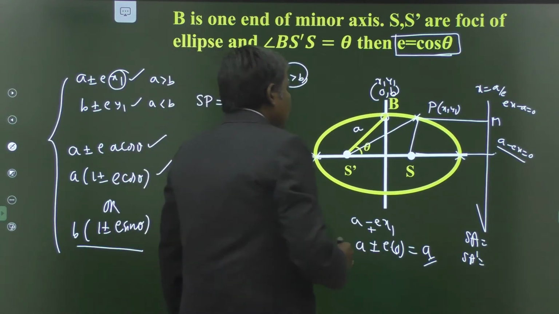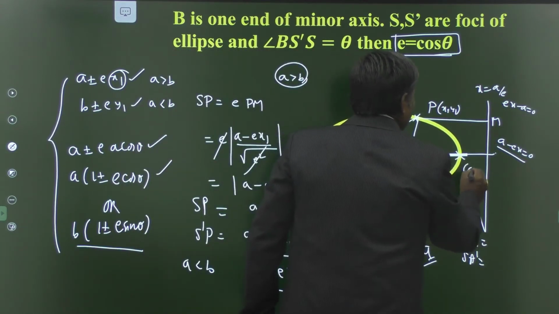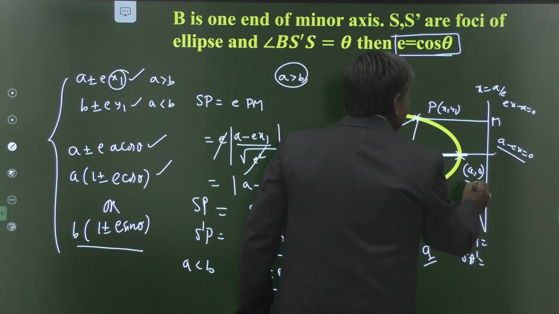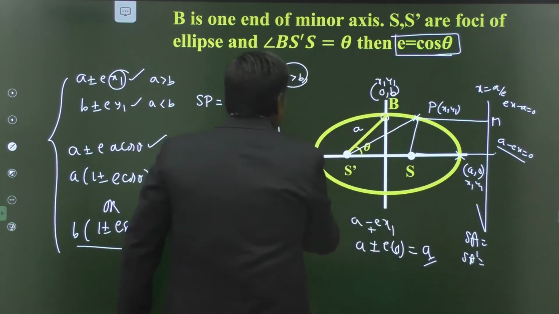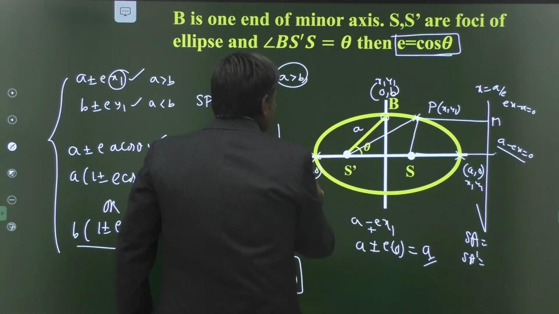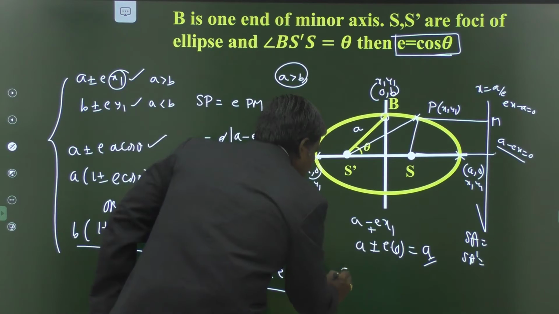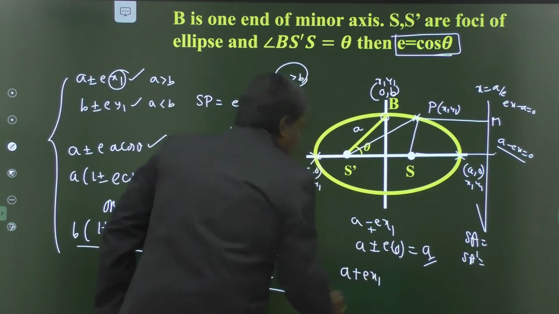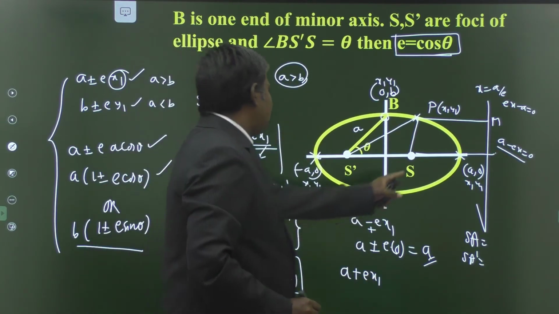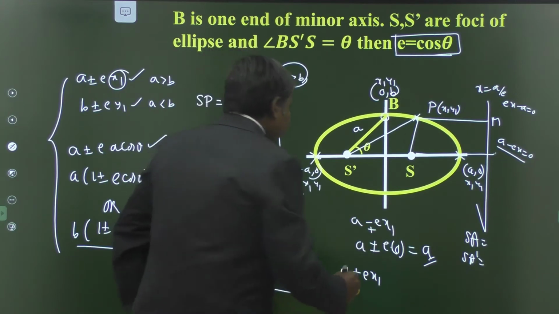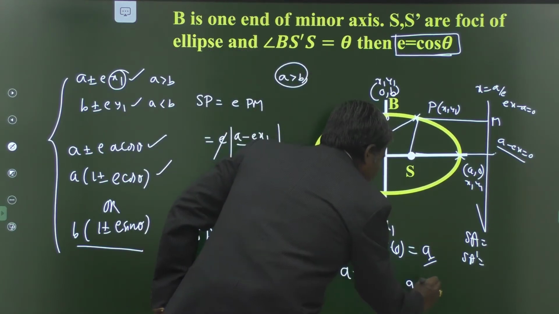What are the coordinates of this point? a comma 0. This is x1, this is y1. Here minus a comma 0. So this is x1, this is y1 at that time. What is the focal distance formula? a plus ex1. For x1 equal to minus a, what do we have? a minus ex1.